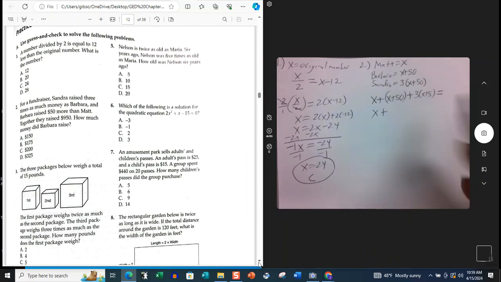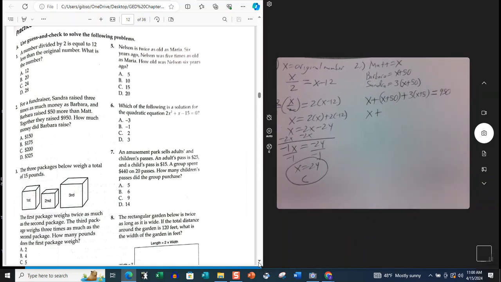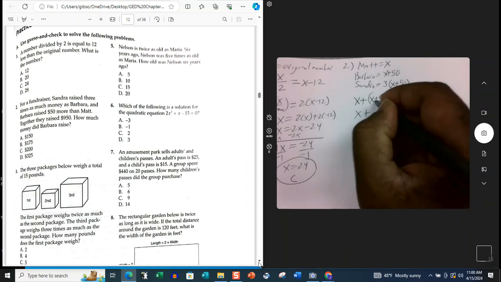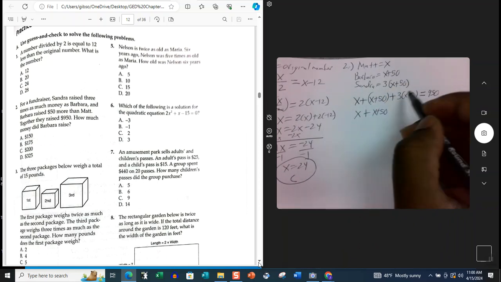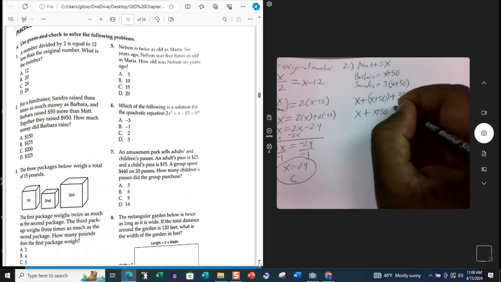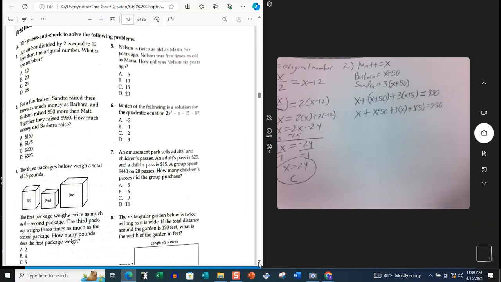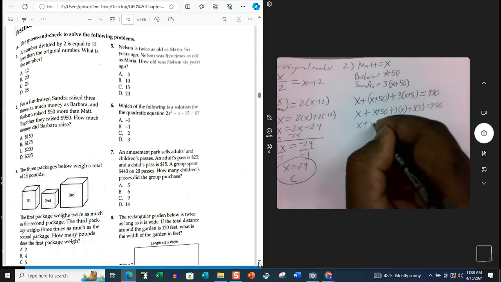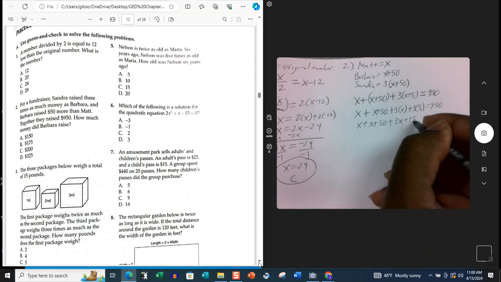I forgot to put down equals 950 because all 3 added together is supposed to equal 950. So here we could drop the parentheses and we add x plus 50. Here we would have to do the distributive property, so it'd be 3 times x plus 3 times 50 equals 950. So this would be x plus 50 plus 3x plus 150.